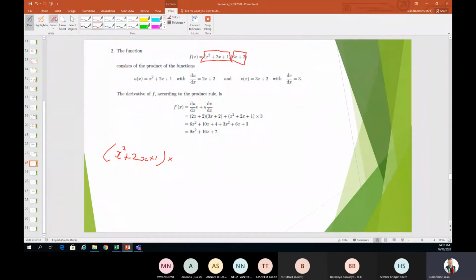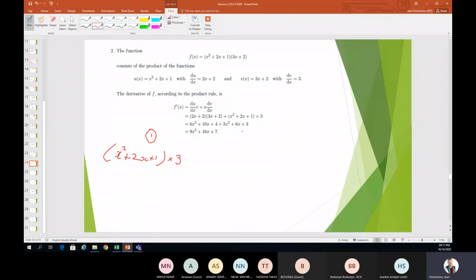If we look at that, the second term was 3x plus 2. If we differentiate that, it is basically 3. So that's step number 1.